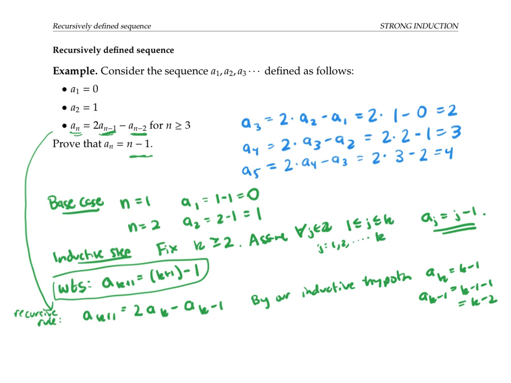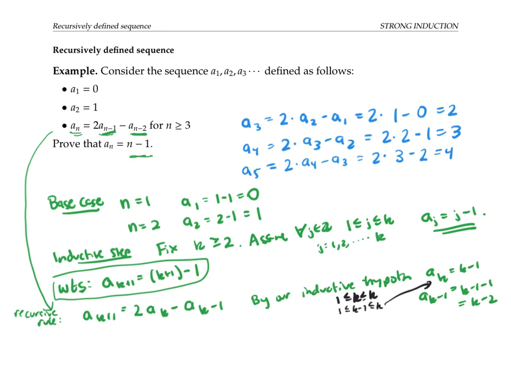And we know that k is between 1 and k. And we also know that k minus 1 is between 1 and k. Notice that we're using the fact that we fixed a k bigger than or equal to 2 here, so that when we drop back to k minus 1, even if k were 2, k minus 1 would still be bigger than or equal to 1. So we're not going to drop off the edge of the sidewalk here when we reach back 2 because of where we started.